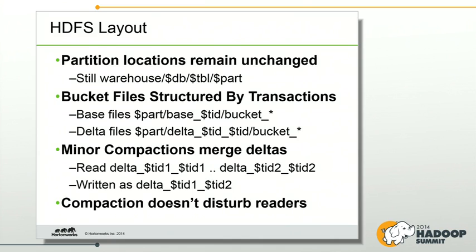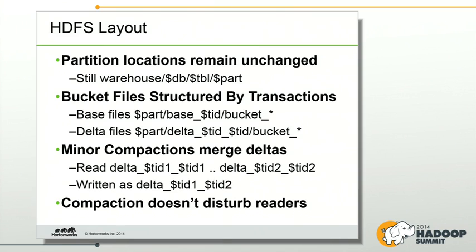So the base files will say the partition name, then the base, then the transaction ID, and then the bucket. The delta files, on the other hand, look like delta, the beginning transaction ID, the final transaction ID, and then the bucket.